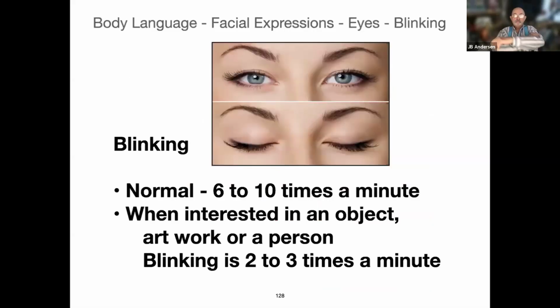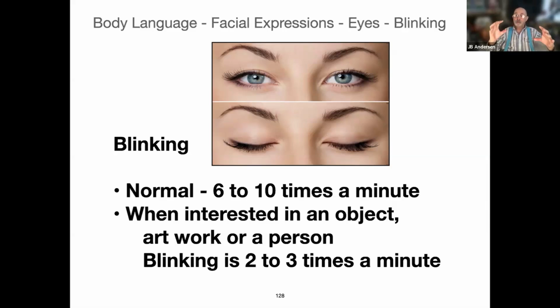Eyes blinking. Normally, 6 to 10 times a minute, your eyes blink. So that's once every 6 to 10 seconds, roughly. When you're interested in an object or an artwork, you're looking at something, or you're interested in a person, the blinking really slows down.